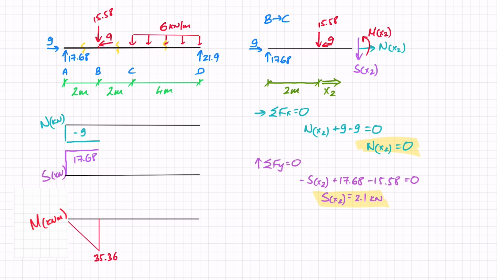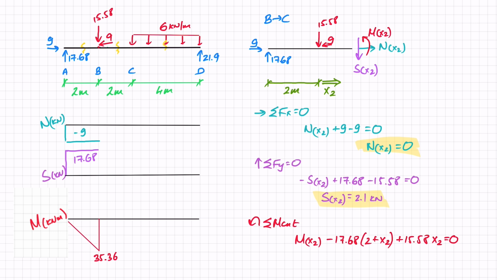And then the last thing that we need to do is the sum of moments around the cut, with this being my positive direction. So here I've got this internal moment, and then starting from left to right, I've got negative 17.68 times 2 plus x2, that's my distance, and then I'm going to have a positive 15.58 times x2.